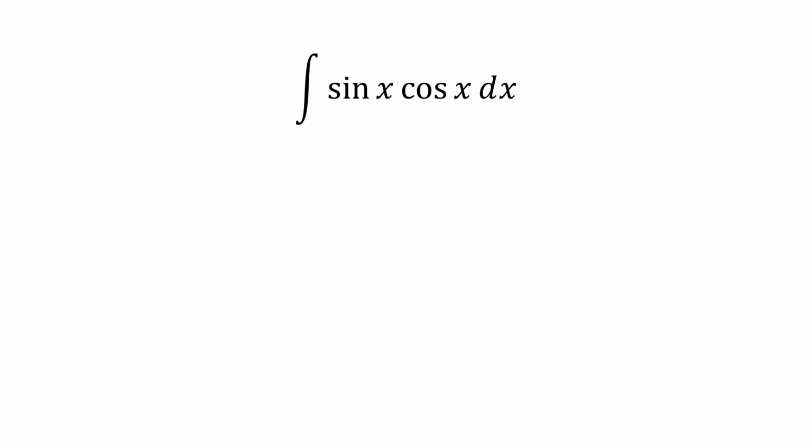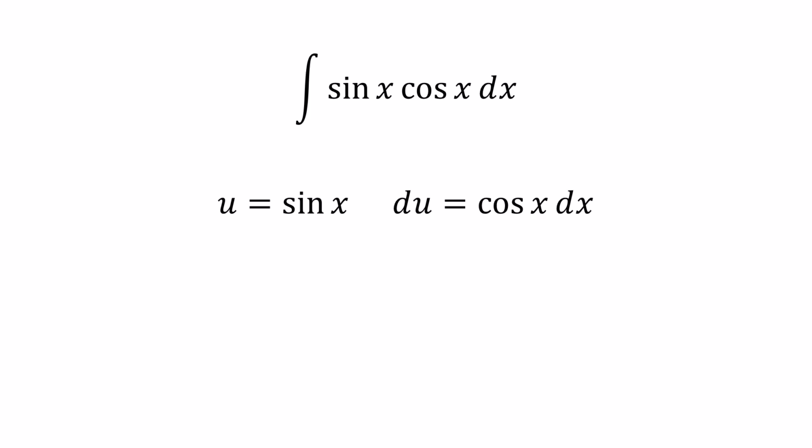Lastly, we evaluate the integral of sine of x cosine of x dx. To begin, we let u equals sine of x. The differential is then du equals cosine of x dx.